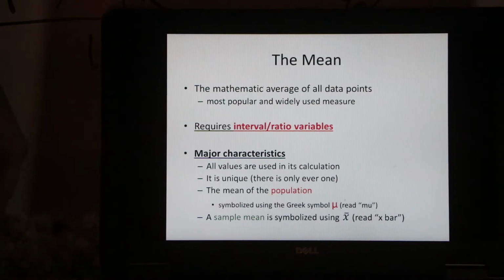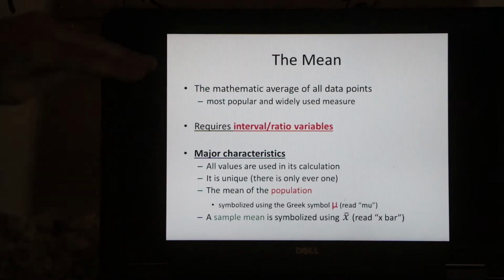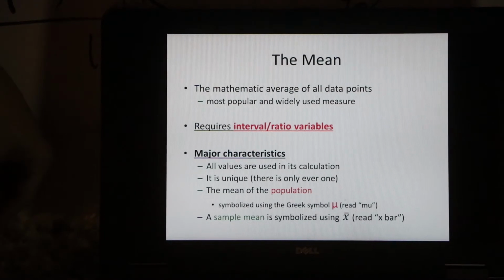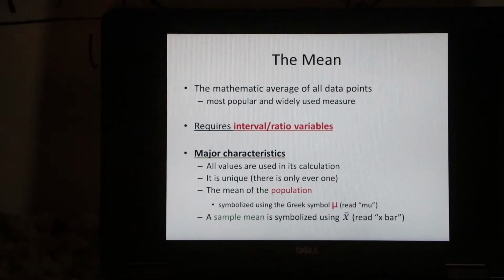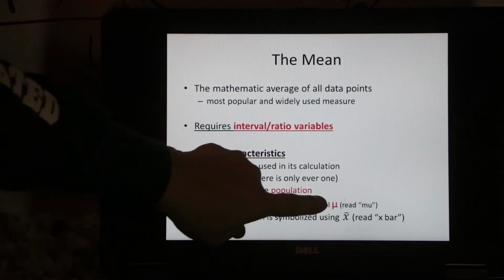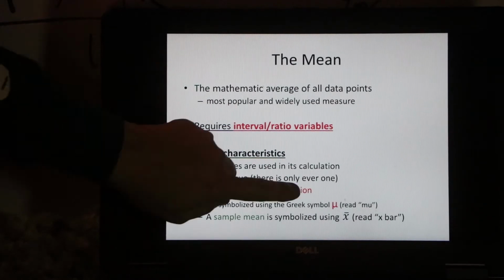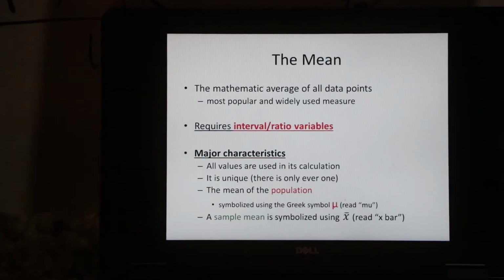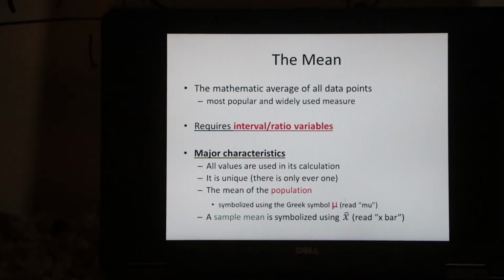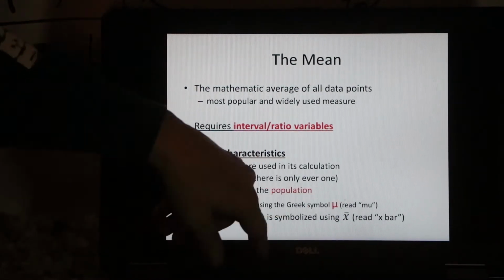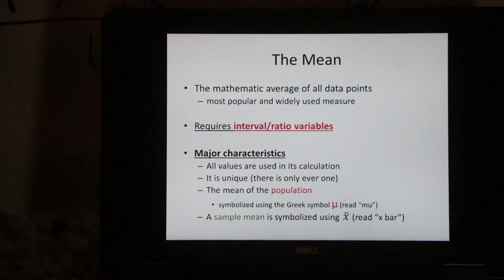One distinction that we'll make here, starting here, and you'll see this again and again, is that we have a symbol for the mean, which is this X bar. And we can also sometimes see the symbol called mu, it's a Greek symbol, look like this in red. And the difference between the two is that you use the X bar when you're talking about the mean of a sample, and you use the mu if you're talking about the mean of a population.